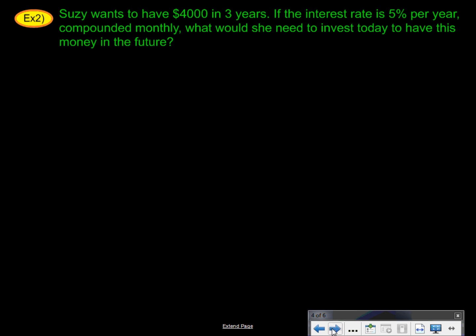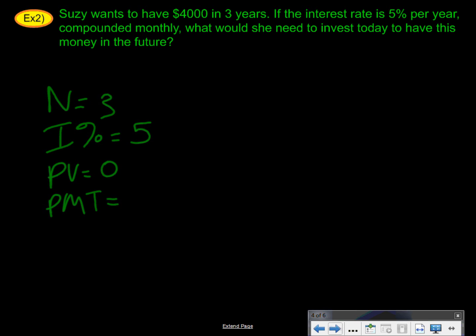Susan wants $4,000 in 3 years. If the interest rate is 5% per year, compounded monthly, what does she need to invest today to have this money in the future? N in this case is 3 years. I percent is 5. PV is 0. PMT is 0. Future value is 4,000, because that's how much we want to have in the future.